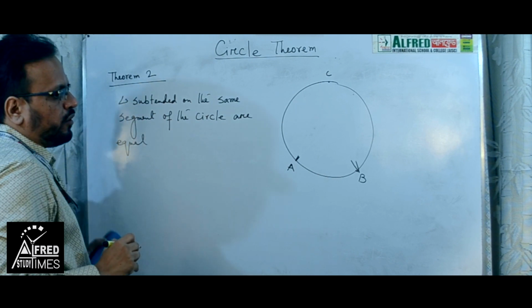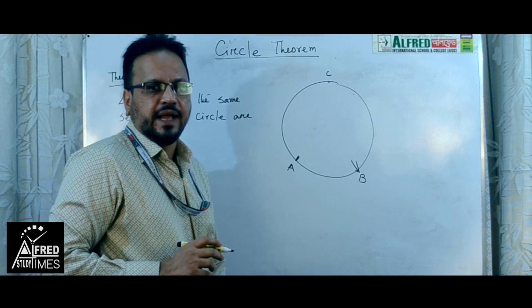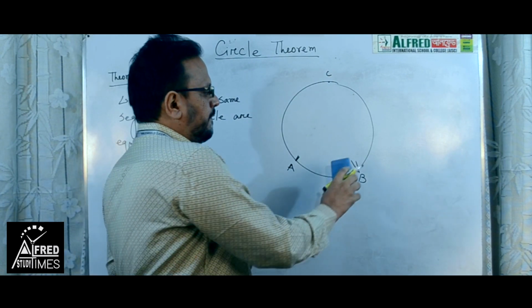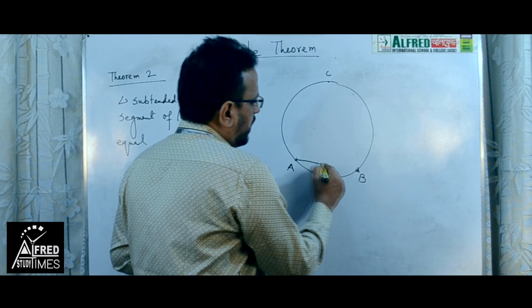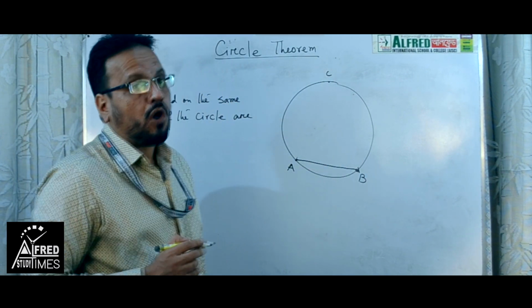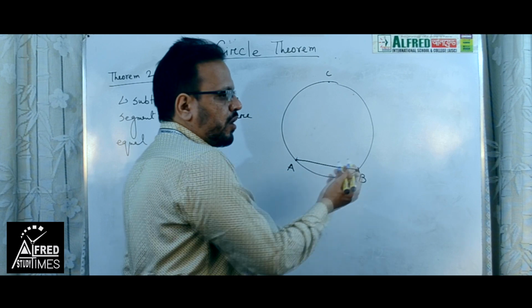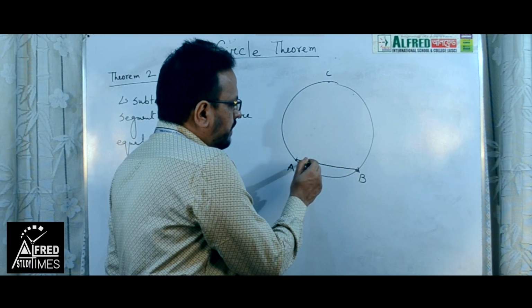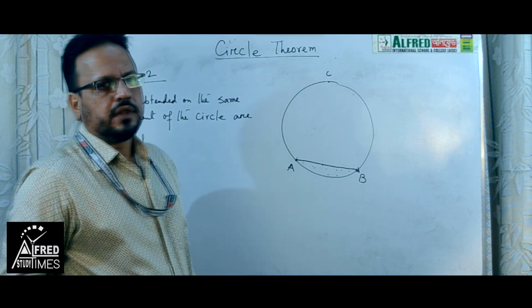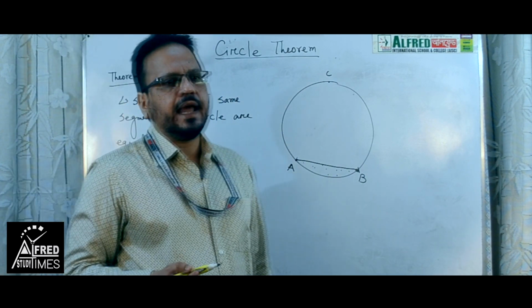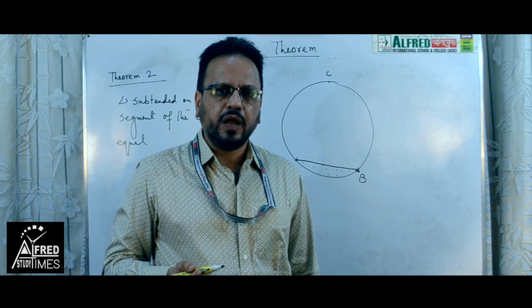Now, first thing that you have to be clear, what do we mean by segment? If I draw a line with AB, this line is a chord. The straight line is a chord, and this part of the circle is known as segment. So the theorem says that angle on the same segment are equal.